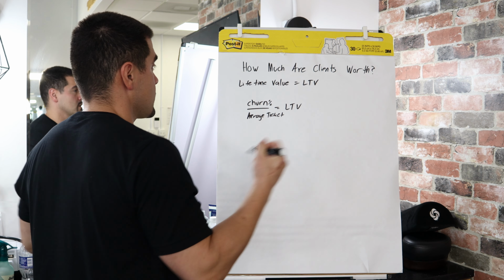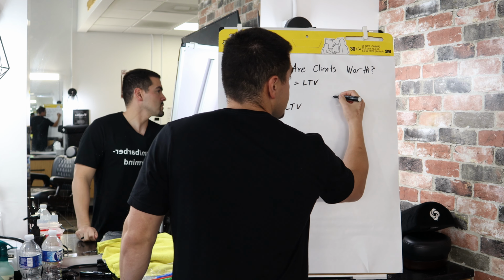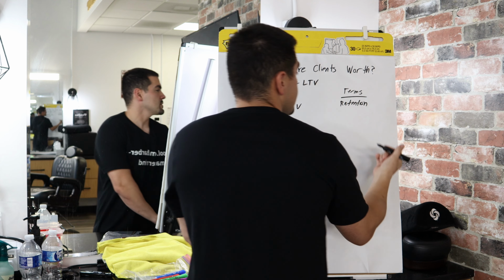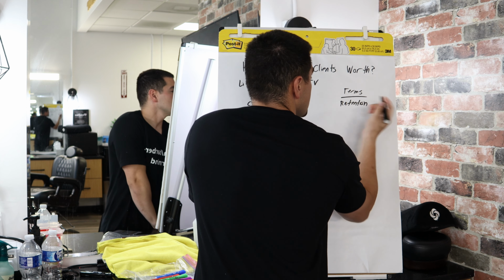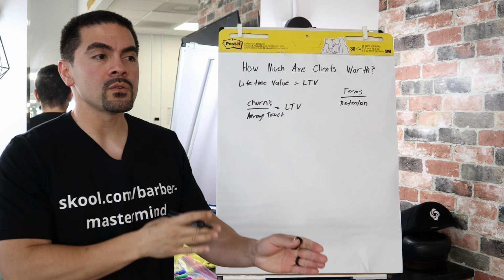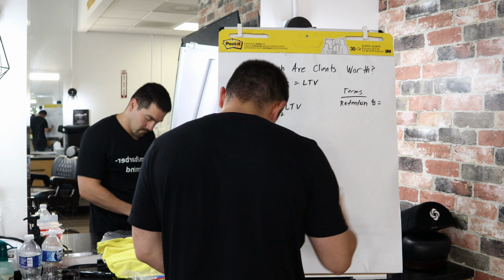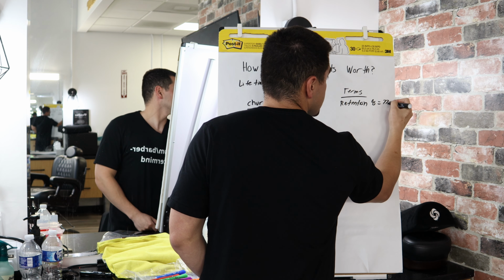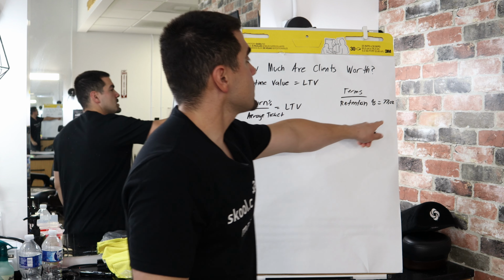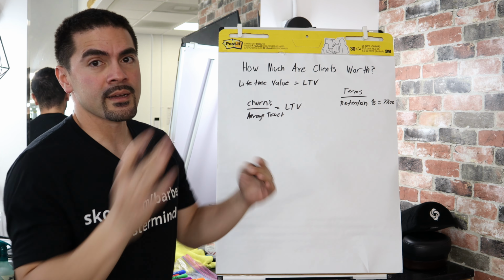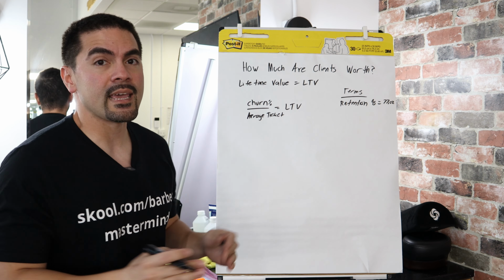So what is churn? As barbers, we like to focus on something called retention. Let's say our total client retention, the blended number of new and existing, for one of the months on the spreadsheet I'm looking at was 77.02%, which means out of all the clients that came to us in this month, we kept 77%.